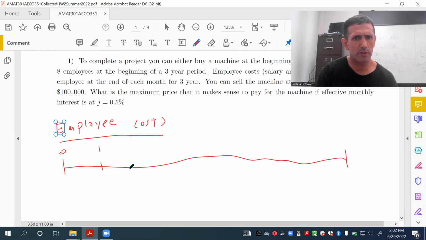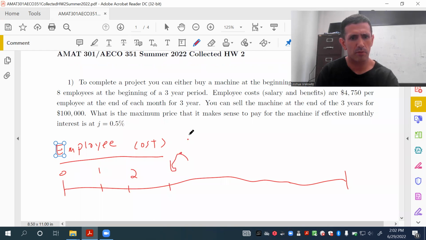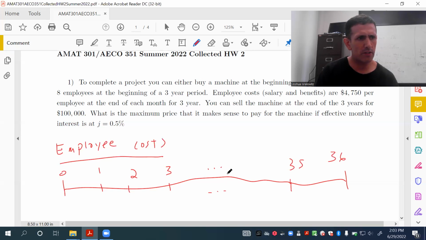So 1, 2, all the way to 35, 36 here. All right, so just one employee is going to be $47.50.